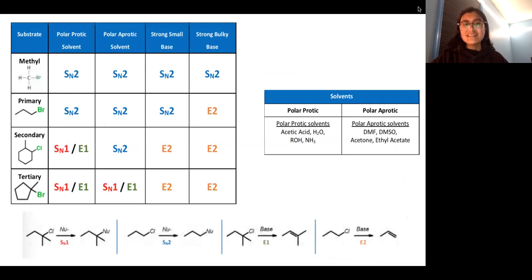This is just an easy chart, something that I sort of committed to memory in terms of what kind of solvent we might see. I've written out what different types of polar protic versus polar aprotic solvents you might see, what the substrate is, what kind of solvent you're in, and what type of reaction you're most likely to see.